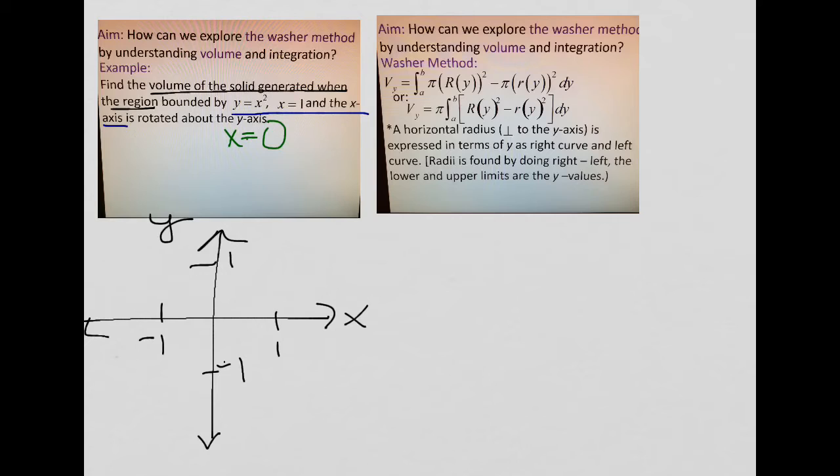Let's draw in our first function, y equals x squared. I'm going to try to connect these the best I can. We're also going to have x equals 1. And I'm going to label this, hold on.